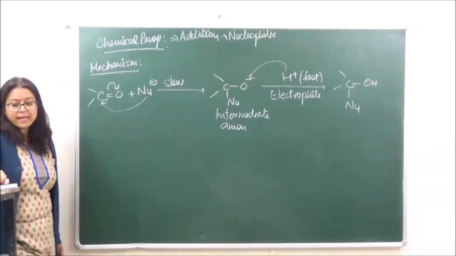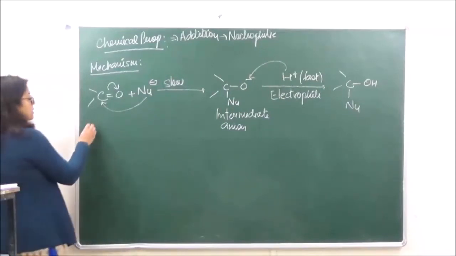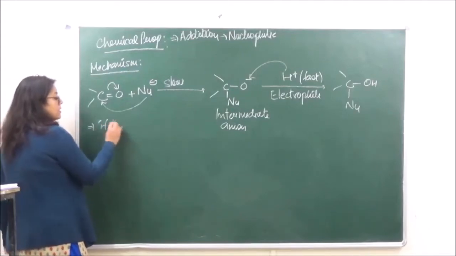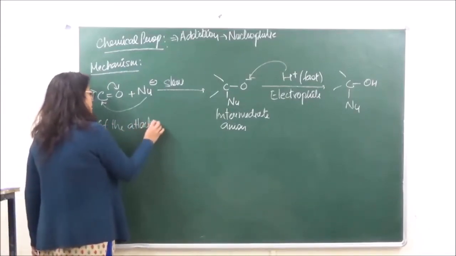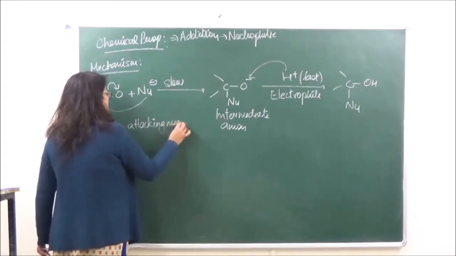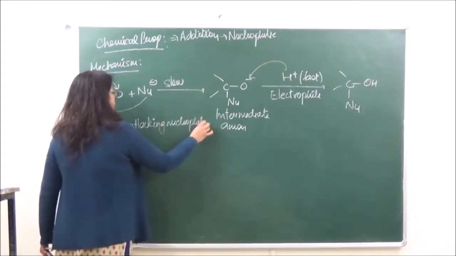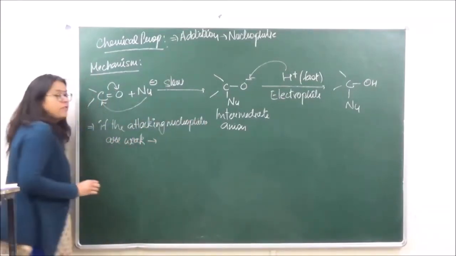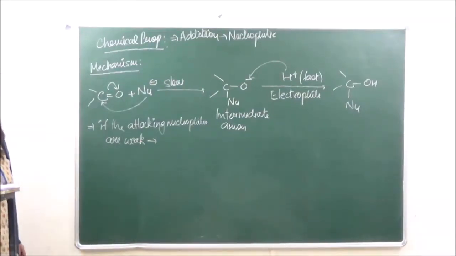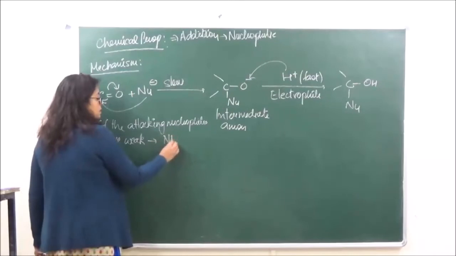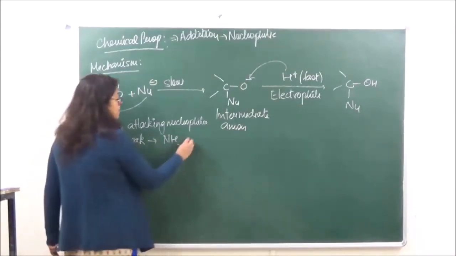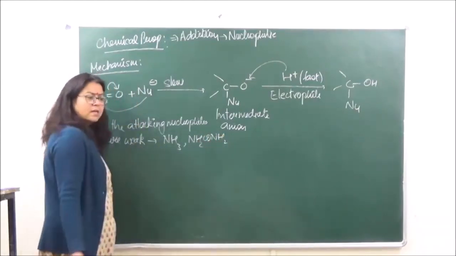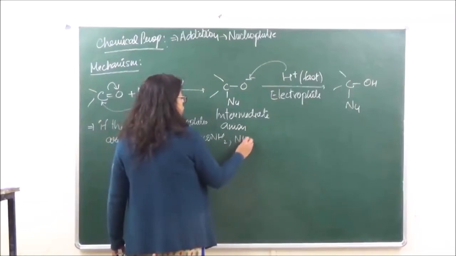Okay? Now, the first point: we are saying that if the attacking nucleophiles are weak, like for example ammonia and its derivatives, which may be urea or hydroxylamine.